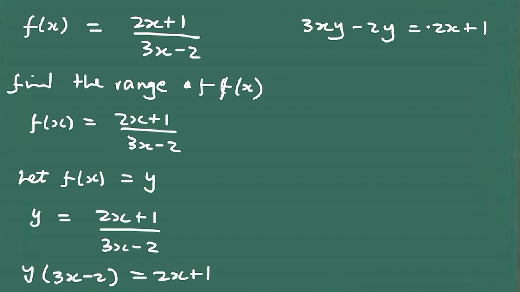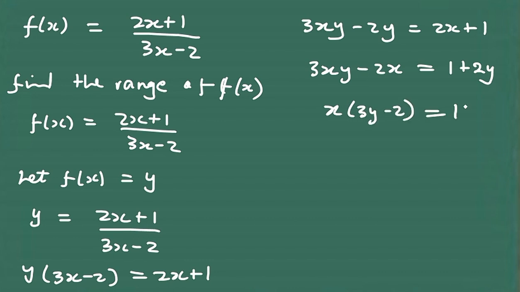Okay, so let's isolate every term with x. So this is going to be 3xy minus 2x equals 1 plus 2y, right? So let's isolate the value of x. This will give us x times 3y minus 2 equals 1 plus 2y.